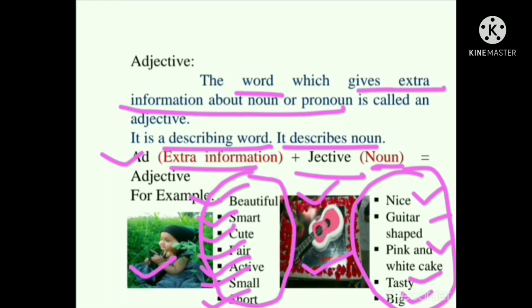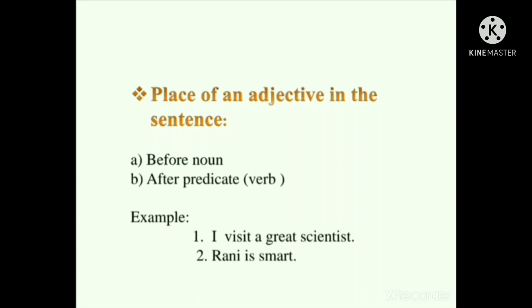Now the next point is, if we know what an adjective is, we must also know where the place of that adjective is in the sentence. The place of an adjective in the sentence is, first, before the noun, and second, after the predicate. Predicate means verb. For example, see, the first example is I visit a great scientist.